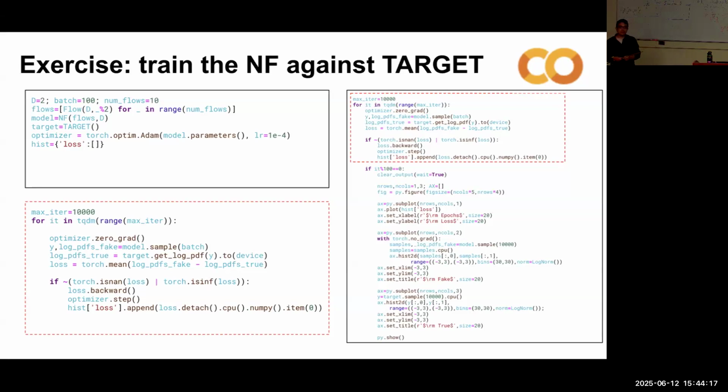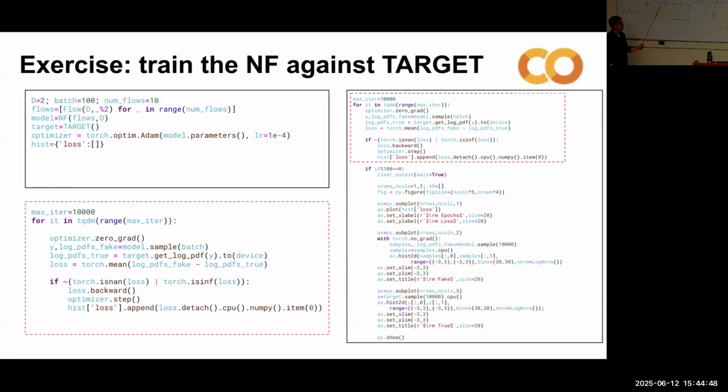The flows is basically the number of affine coupling transformations that you put to enlarge the expressivity of your normalizing flow. And the loss and gradient occurs for each of the flows. So 10 flows means essentially 10 steps trying to get from a random point to a good point.